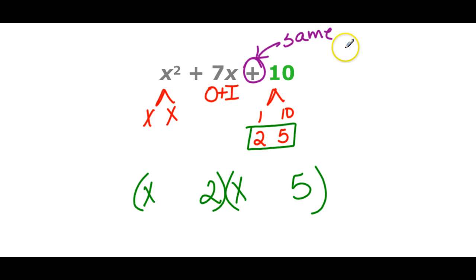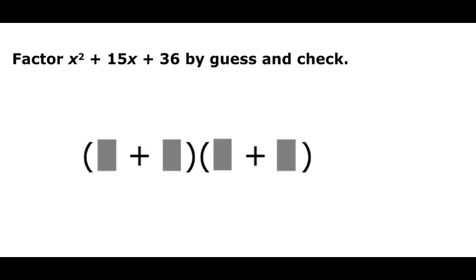It either has to be a positive number times a positive number to give you a positive answer, or a negative number times a negative number to give you a positive answer. All right, so I know the signs both have to be the same. Then they added together to give you a positive 7. So this positive here tells you they're going to be the same. And then we look right here to see what they're going to be, and that's a plus and a plus. Okay? All right, let's go on.